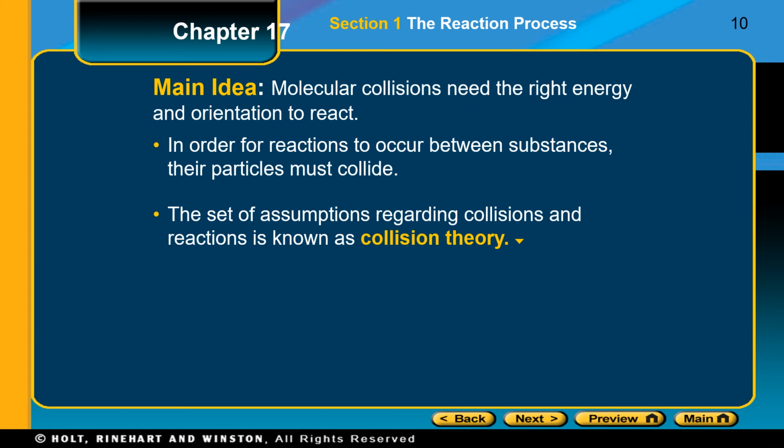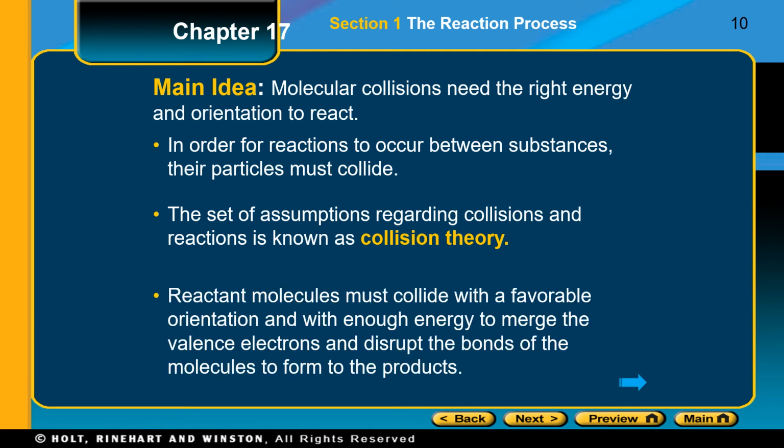And we have a set of assumptions that we will use to help us understand this reaction process. These assumptions have to do with how they collide and then how they react. And this set of assumptions is called the collision theory. So the collision theory is very important to our understanding of how molecules react with each other to form products.